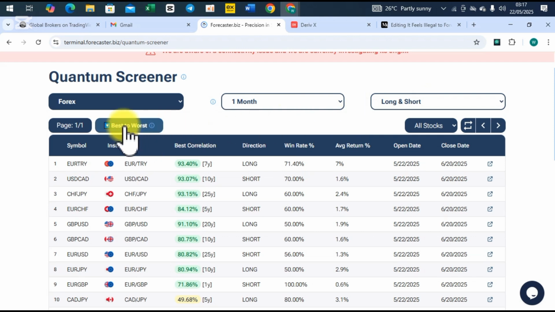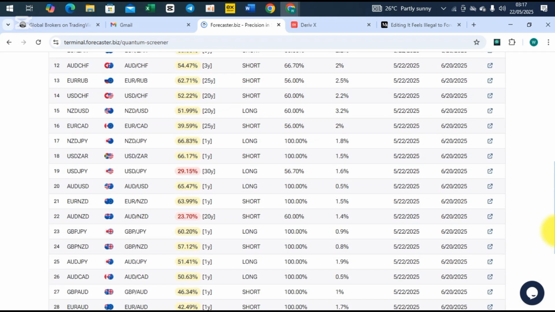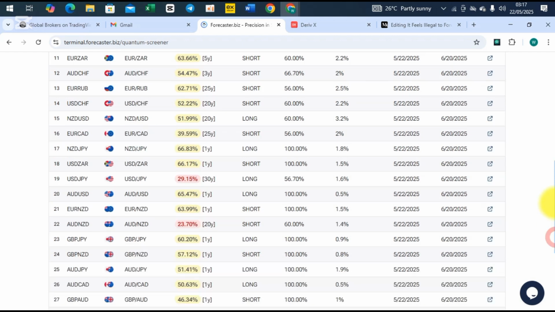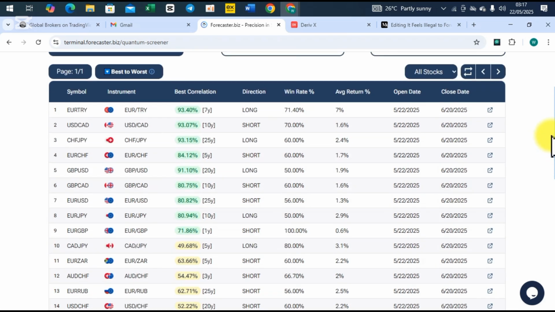All right, so here it also shows you best to worst assets, because it gives you a list of 50 assets. You can see if I scroll down, you can go up to 50. This is 28, but if I continue, you can see up to 50 symbols or instruments.